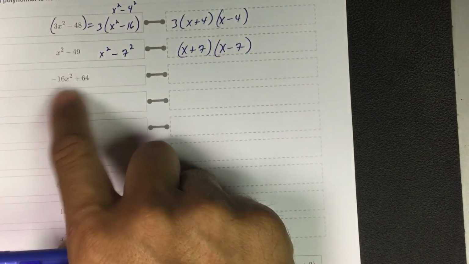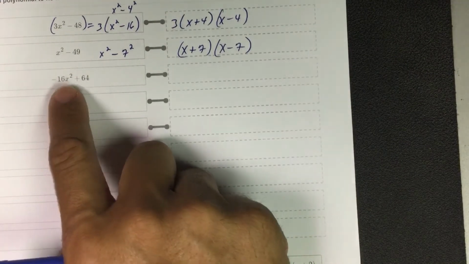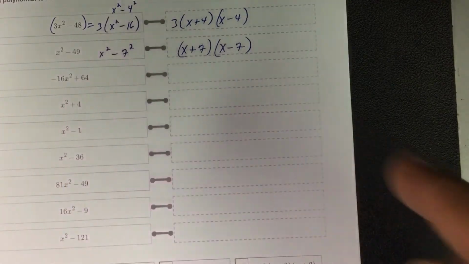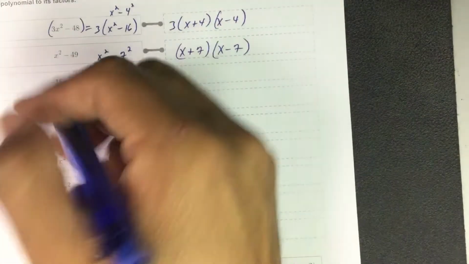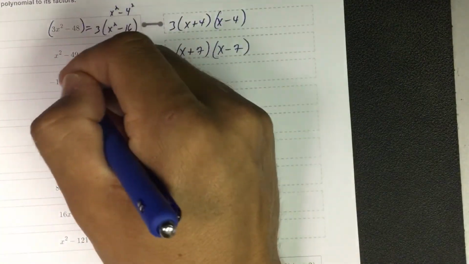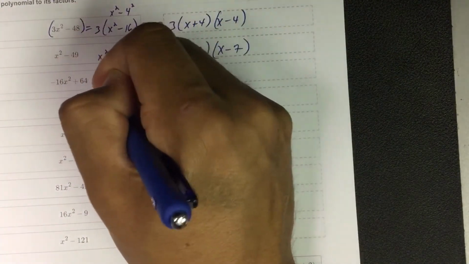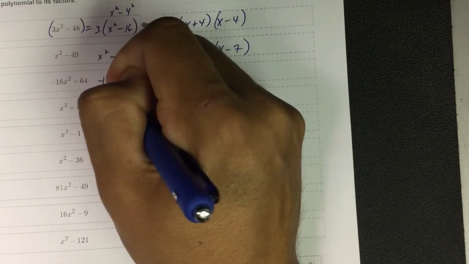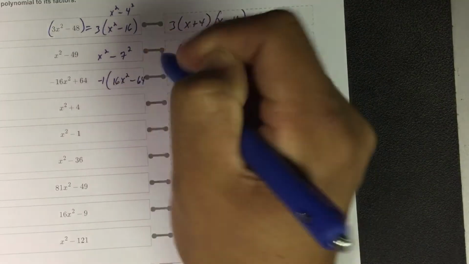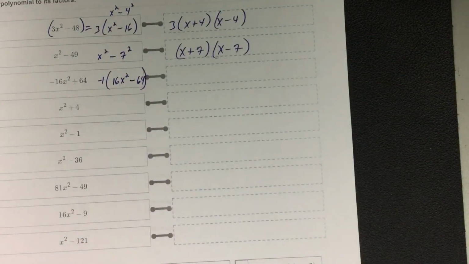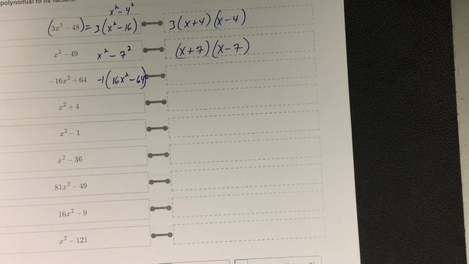Okay, this one, if they have it like this, it's kind of terrible that they did that, but it could make it where you get the answer really easy. I can make this a negative 1 in front times 16x squared minus 64. Now it is a difference of squares, right? Oh, actually, I'm cheating.